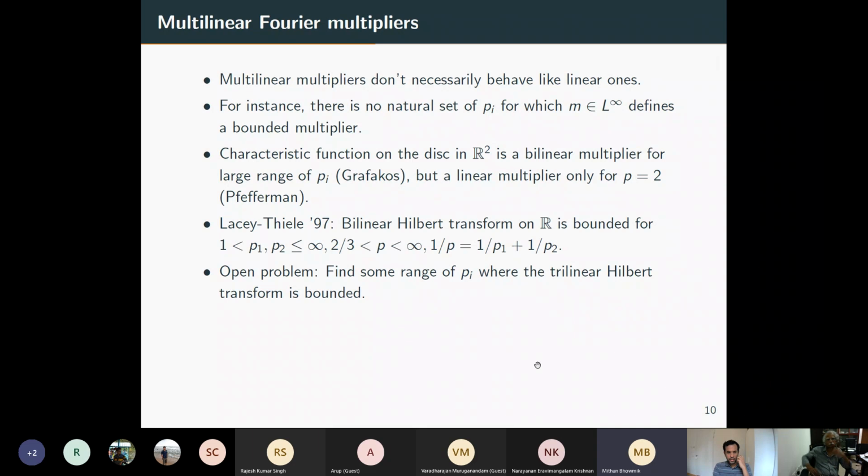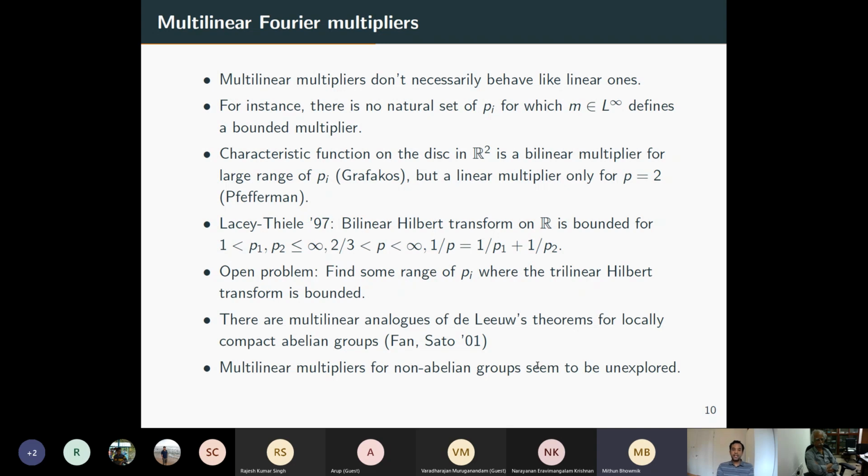And there's this pretty huge result in '97 by Lacey and Thiele, where they showed that the bilinear Hilbert transform, which is also an example of a bilinear Fourier multiplier, is bounded for a large range of p_i, but it's still a completely open problem to find even some range of p_i where the trilinear Hilbert transform is bounded.